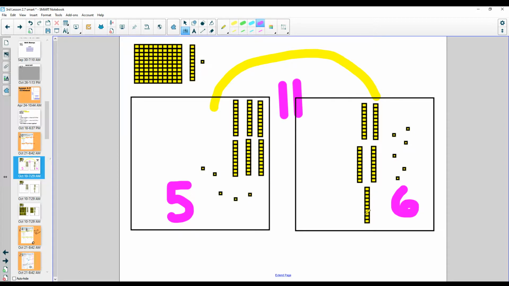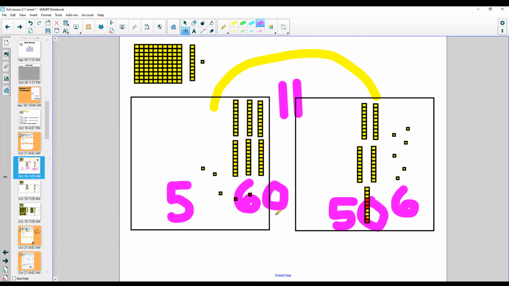Okay, now let's add up the tens. Because there's 10, I'm going to count by tens. 10, 20, 30, 40, 50, 60. There's 60 here. 10, 20, 30, 40, 50 here. So let's put them together. I know there's 60 here.